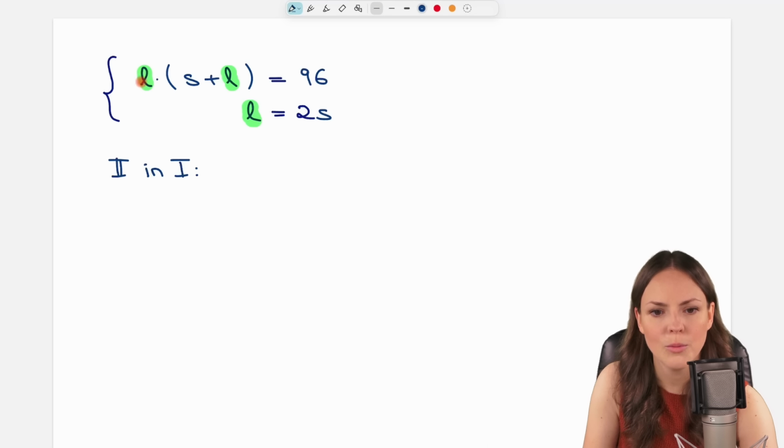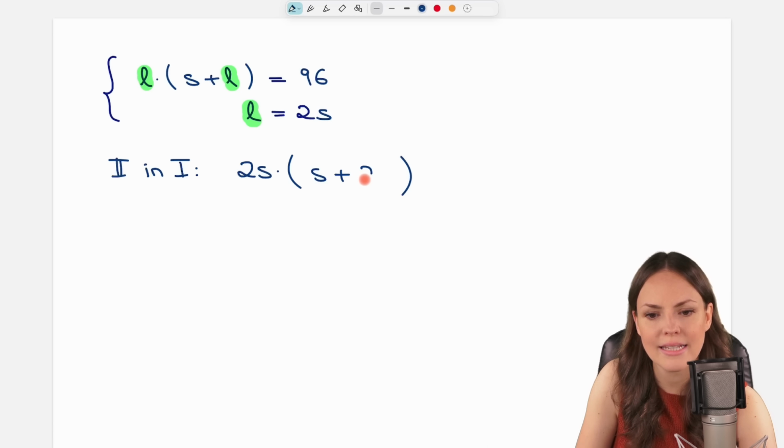Instead of the L, we're going to write 2S now. So we have 2S, which is multiplied by, what do we have in the parentheses? We leave S as it is, but instead of L, we're going to write 2S here again. And on the other side, we have the 96.